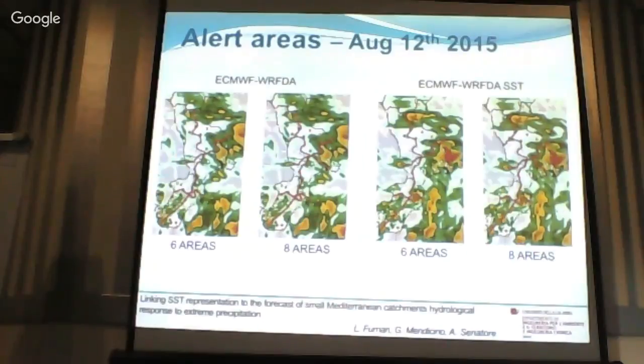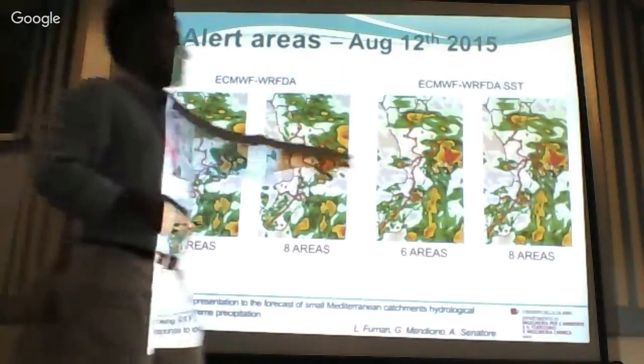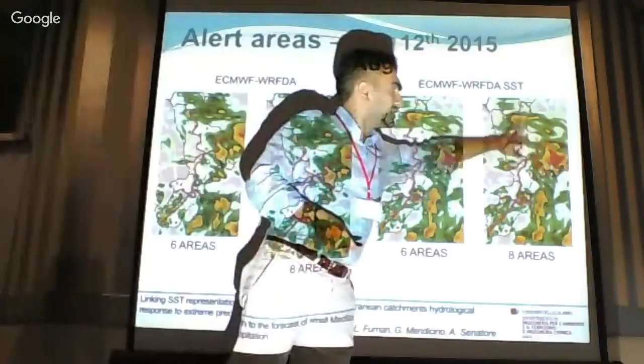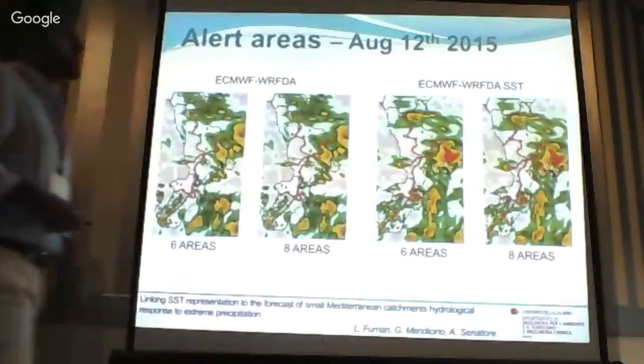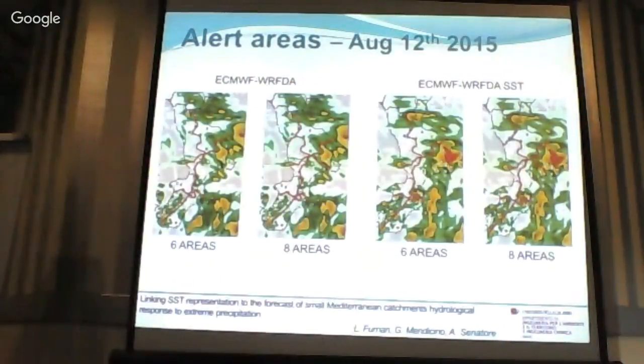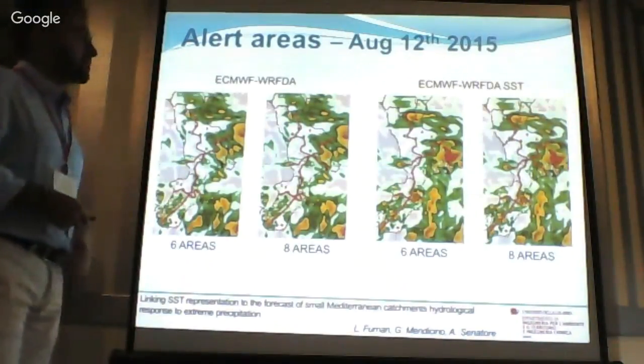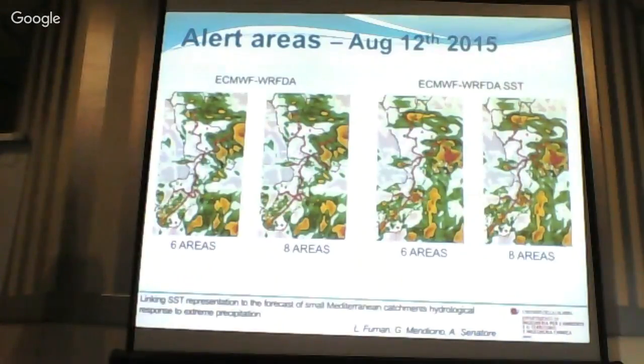With the SST, we have also more rainfall here, so we would have alerted probably also this side. We have a yellow, orange, and red light. Probably we would have used red light also for this area. Let's go on.